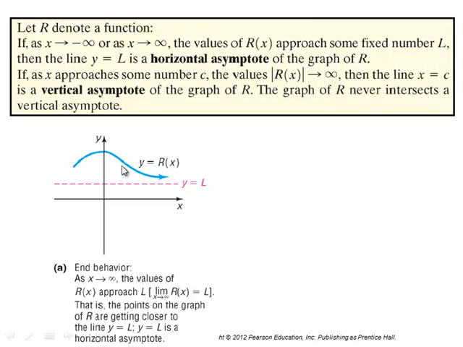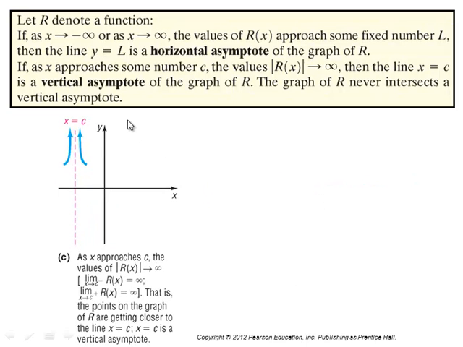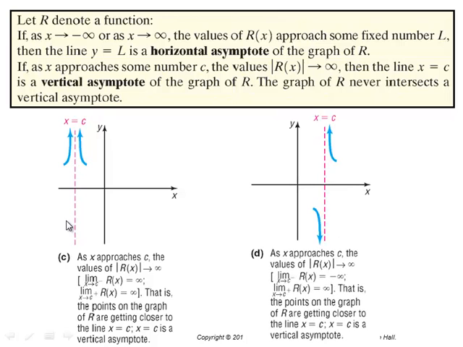So this is what the graph looks like for that end behavior as x goes to infinity. And we'd say that the function approaches L. So y equals L would be the horizontal asymptote. Likewise, for the vertical asymptote, as x approaches whatever this x value is, I guess it's c, then the function's going to go to positive or maybe negative infinity.